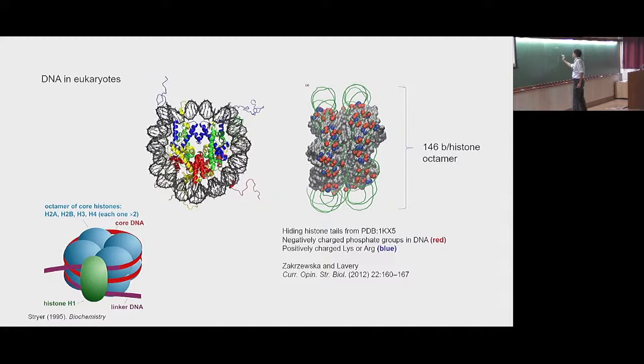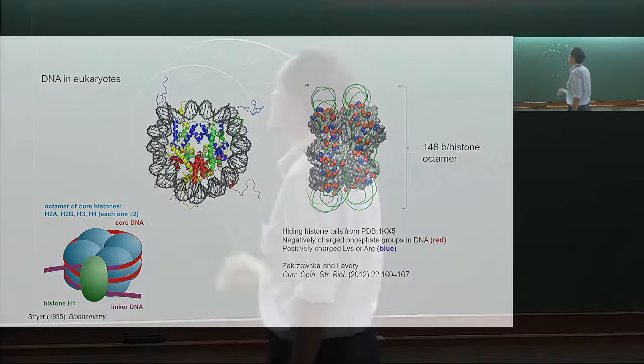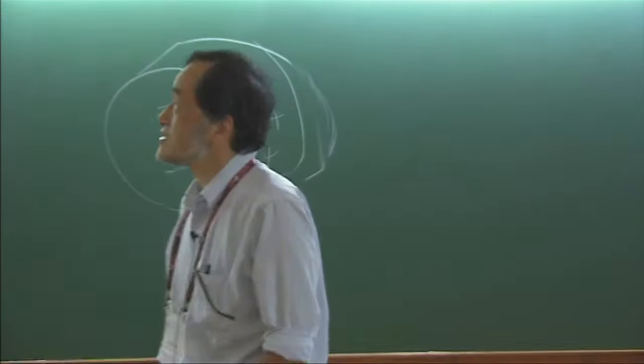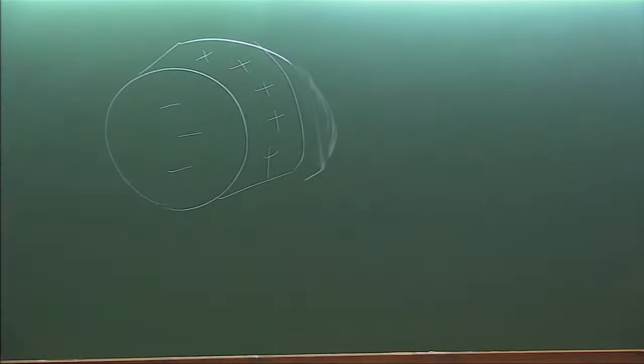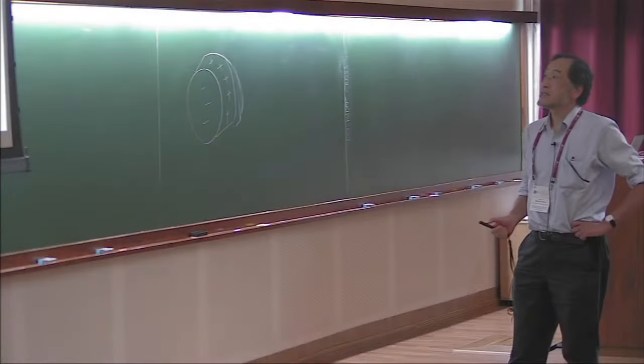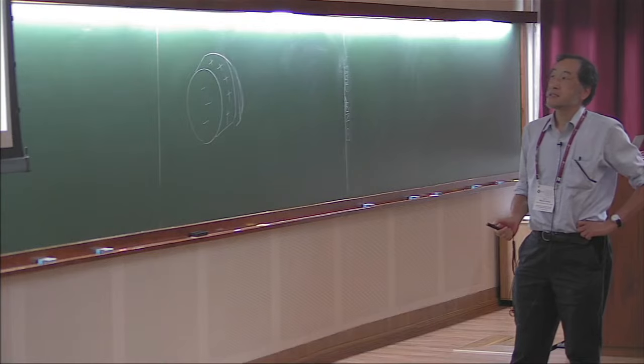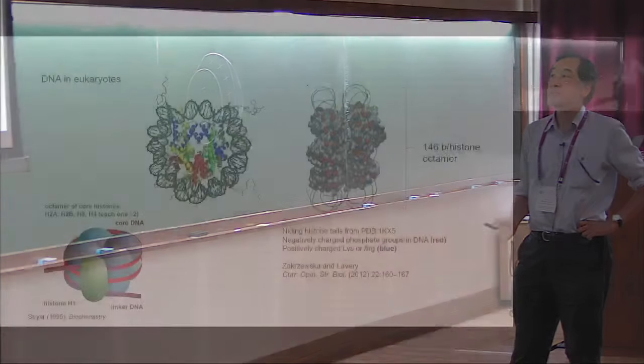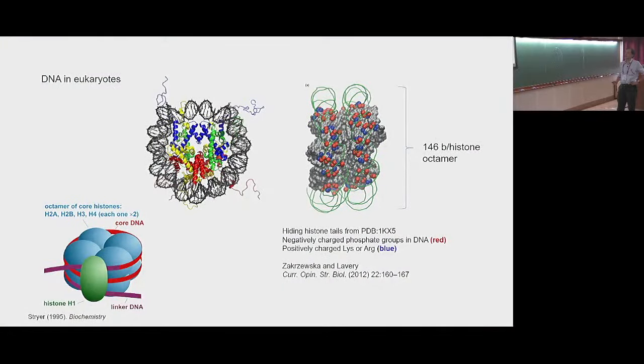In the schematic drawing, the histone has positive charge here and negative charge here. So negatively charged DNA winds around this side, and its N-terminal tail is disordered like this, and lots of positively charged residues are here.